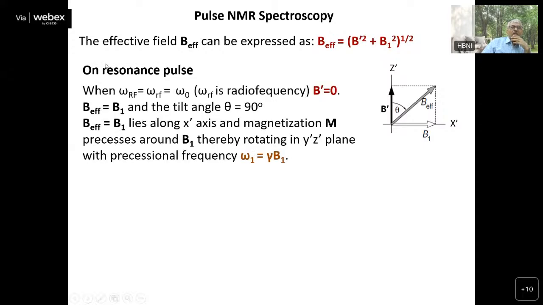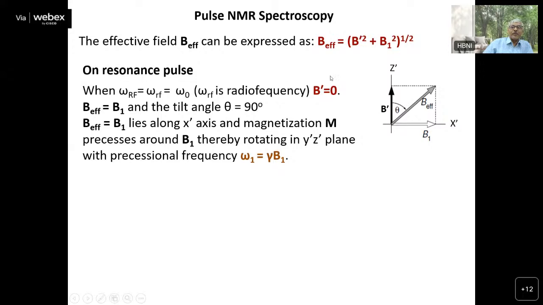There is one condition called the on resonance pulse. Under the on resonance pulse, your radio frequency field, the rotating frame frequency, and omega 0, that is your precessional frequency, have the same value.